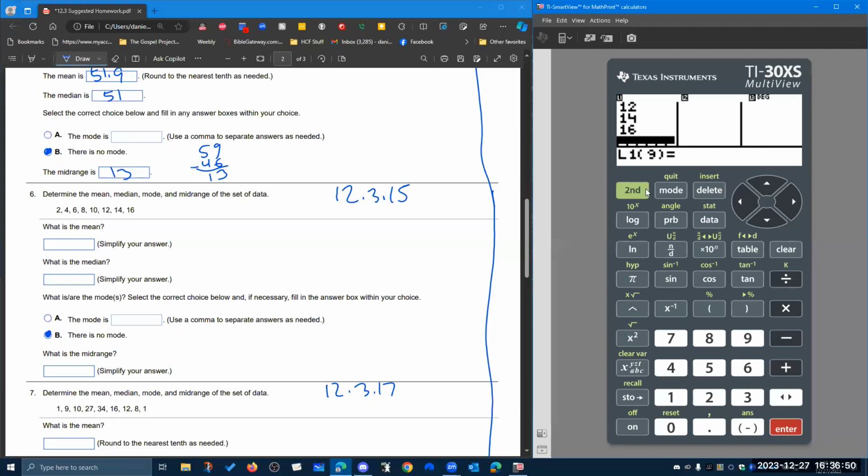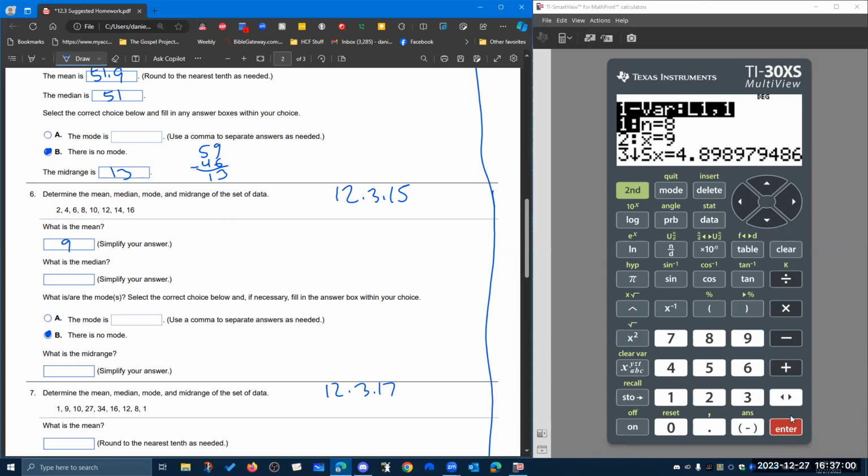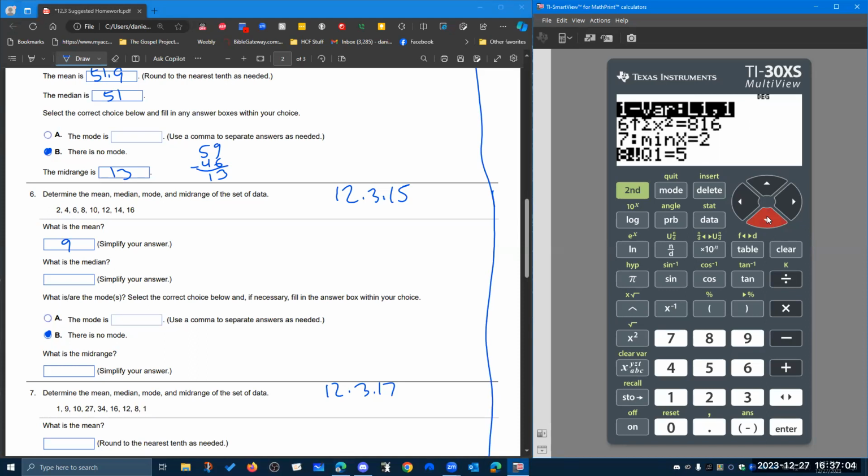So second stat, one variable statistics, and let's see, x bar is 9, and the median is also going to be 9, and 13 minus 5 is going to be 8.